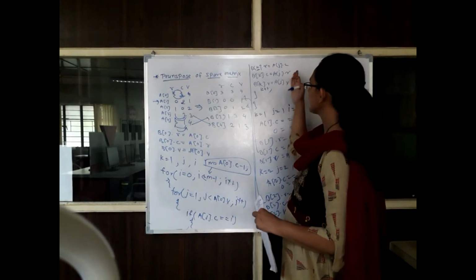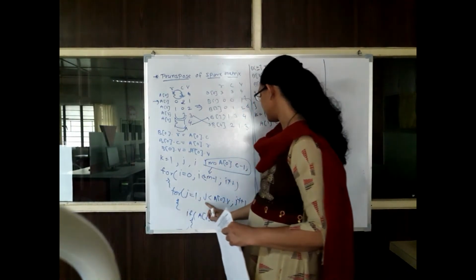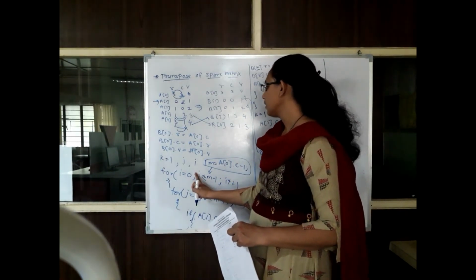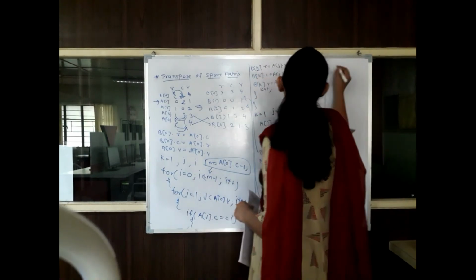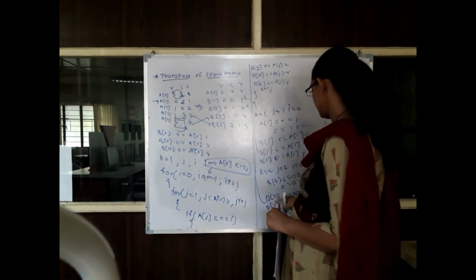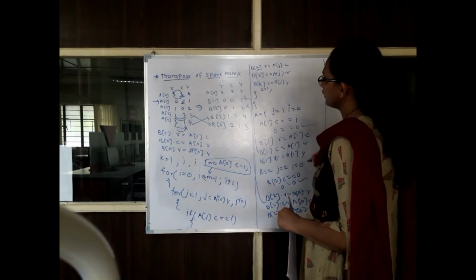So it will not execute this and increments J. When J gets incremented, this condition becomes false. So it will come out of this loop and increment I value. So now I is equal to 1, K is equal to 3 and J is equal to 1.